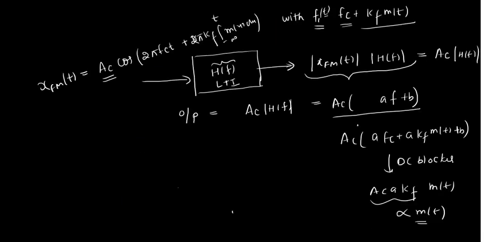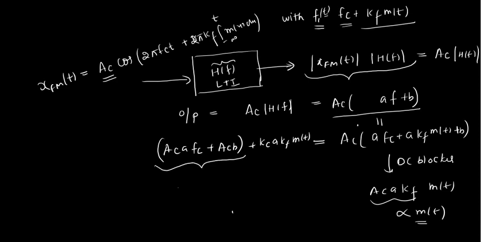So, we put A_c(Af + B) here, and we know that the instantaneous frequency f satisfies this property, so we put f from here. So, it will have A_c A f_c + A_c A k_f m(t) + A_c B. It can also be written as A_c A f_c + A_c B + A_c A k_f m(t).